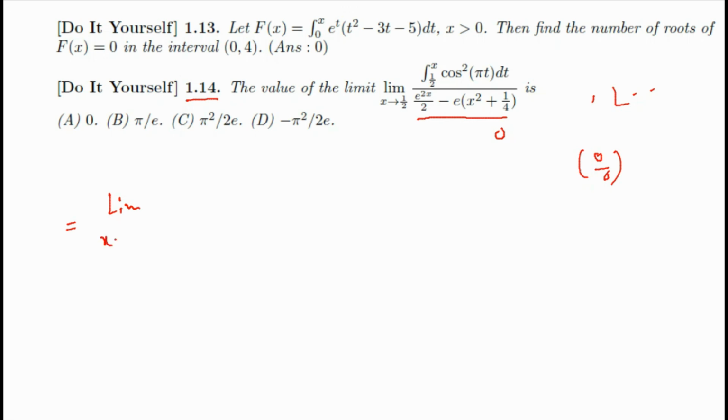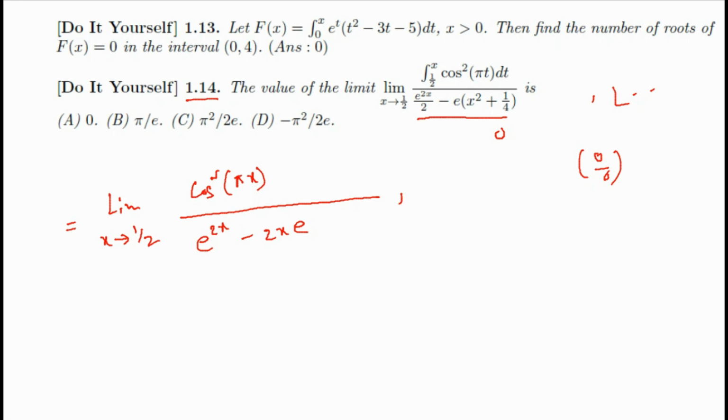So limit x tends to half, and the denominator will be e to the power 2x into 2 by 2. This will get cancelled. So 2x into e, and the numerator will be cos square pi x. This is the direct application of rule number 3.